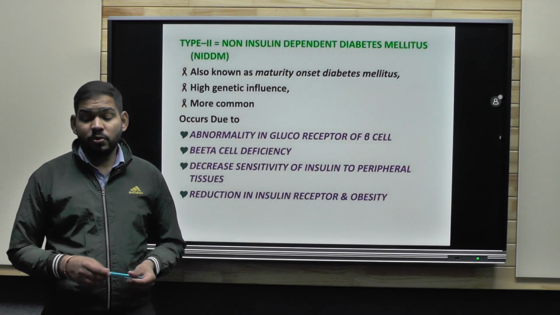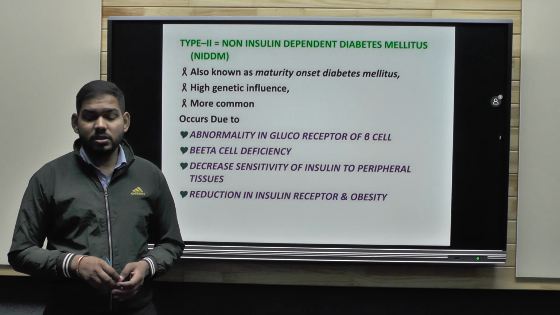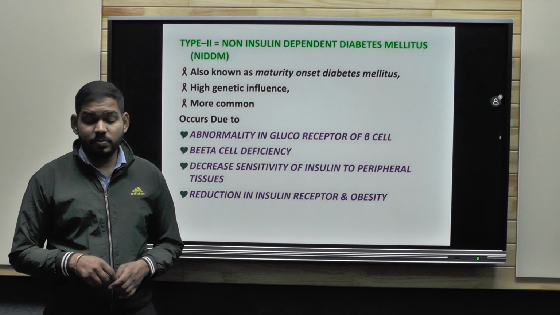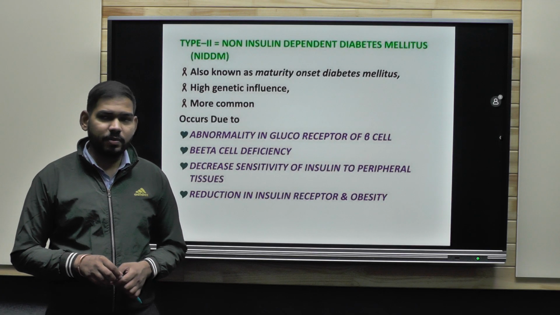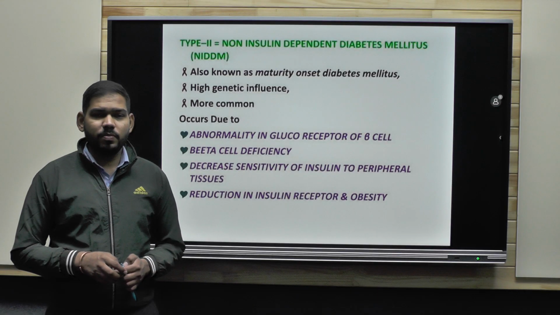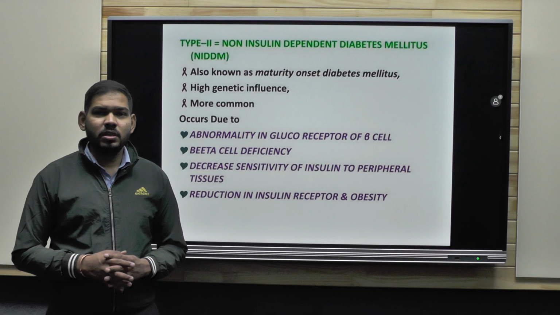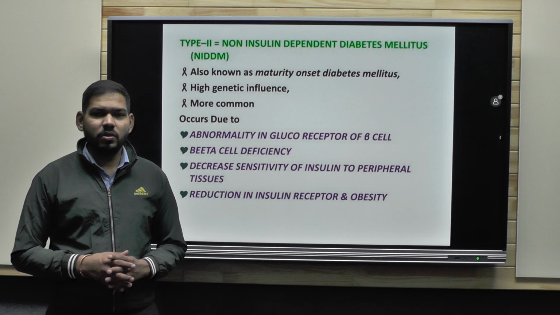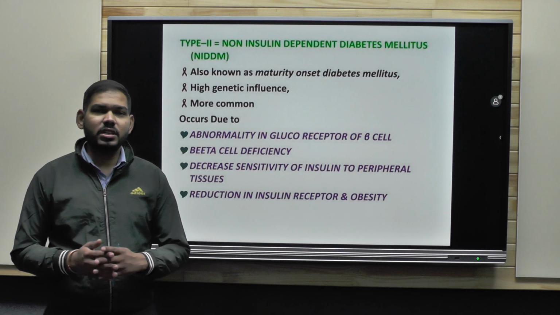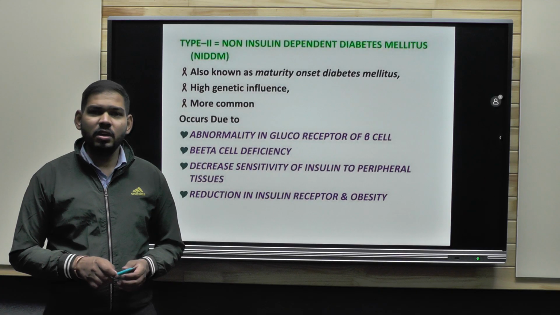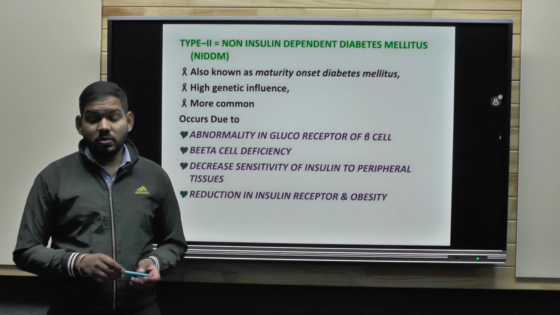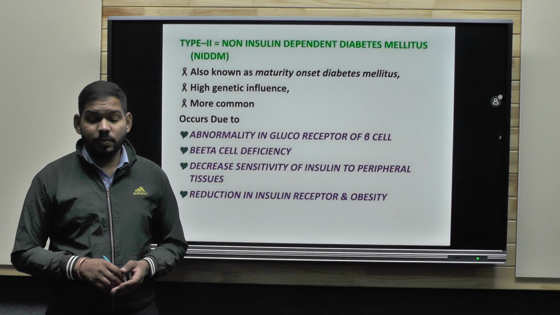Next is type 2 diabetes mellitus, which is known as non-insulin dependent diabetes mellitus. In this type of diabetes mellitus, sometimes the beta cells are not capable enough to produce a sufficient quantity of insulin, or sometimes they produce it but the cells are not capable enough to consume that produced insulin. It is also known as maturity onset diabetes mellitus.